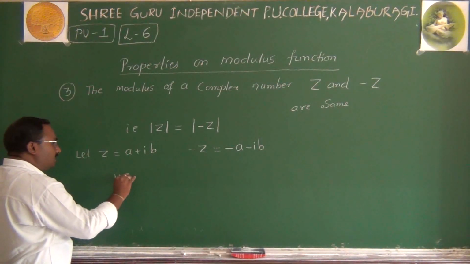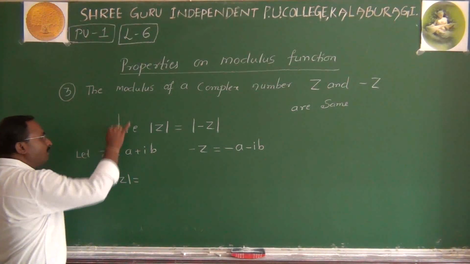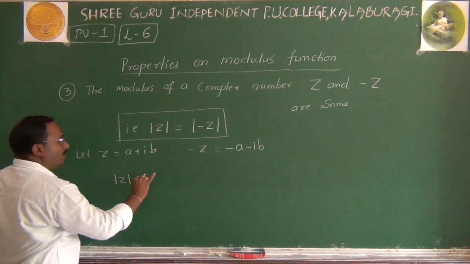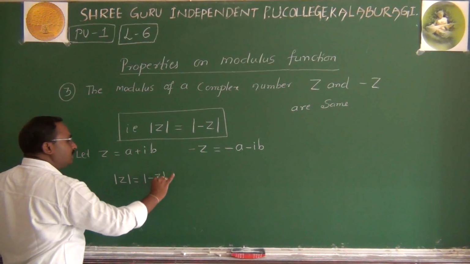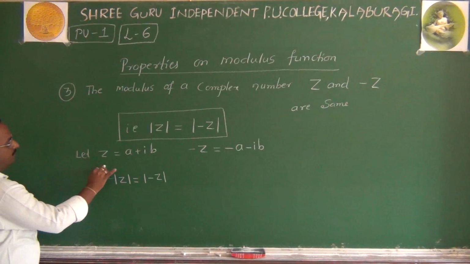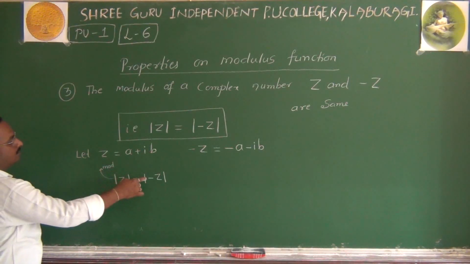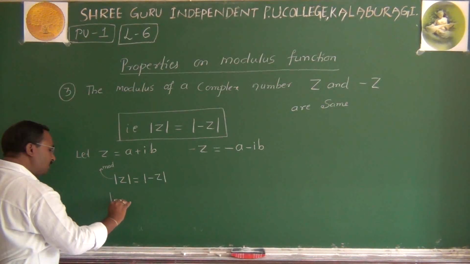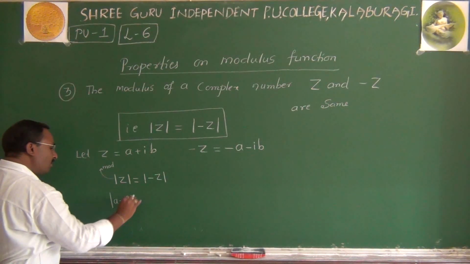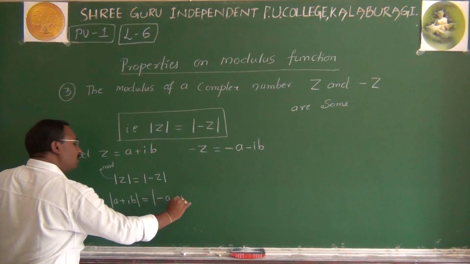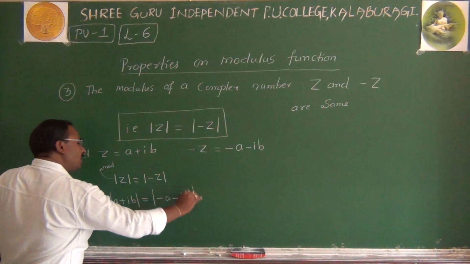Modulus of Z is equal to modulus of minus Z. This is the modulus definition: modulus of A plus iB and modulus of minus A minus iB.